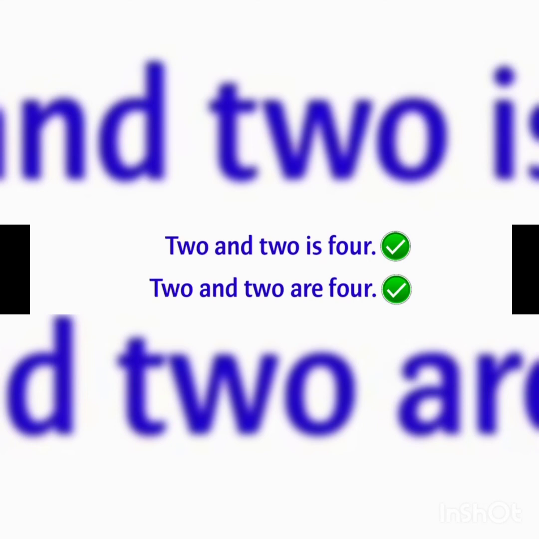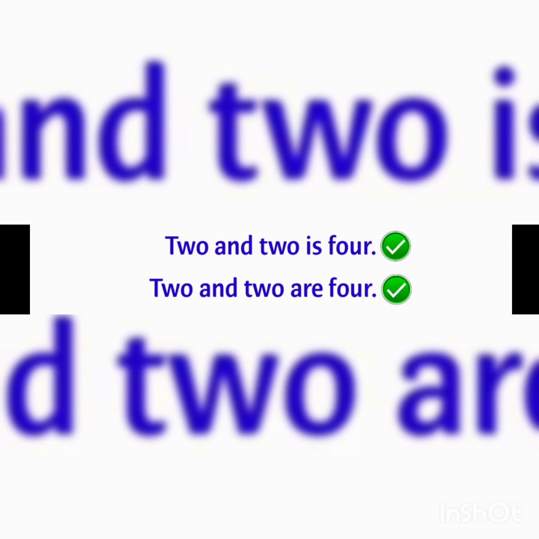Otherwise, if you are writing 2 and 2 are 4, it is also absolutely correct. But in listening, when we hear this, it sounds a little bit awkward. Otherwise, 2 and 2 is 4 is absolutely correct. 2 and 2 are 4 is also correct. So this is the rule of English grammar, subject verb concord, when we use "and" with 2 numbers.